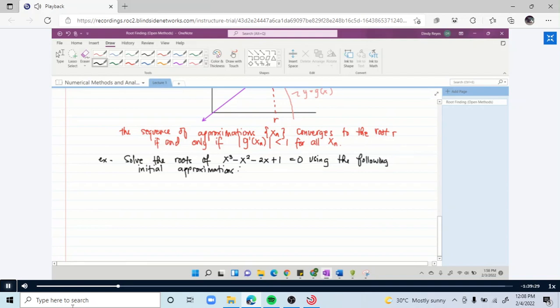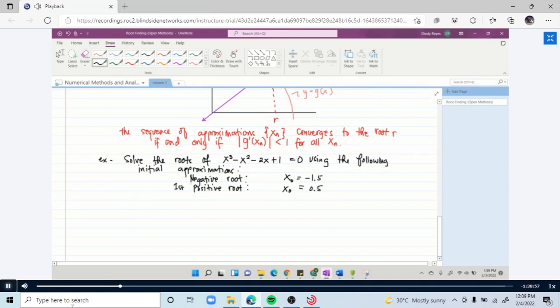So in this case, three real roots tayo, one is negative and there are two positive roots. So for the negative root, we use the initial approximation, negative 1.5. For the first positive root, we will use the initial approximation, 0.5.